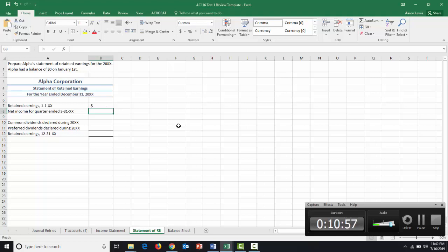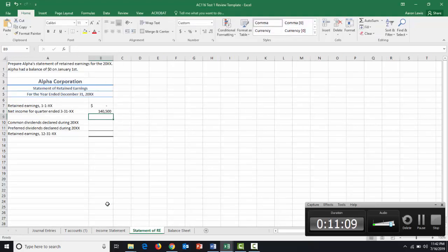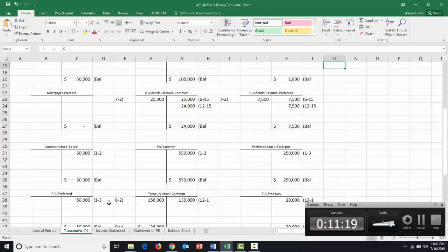The next thing we need to do is add our net income for the period. Well, that's easy enough. We hit equals, and since we just figured it out on the income statement, we click the amount of net income we had, $140,500. Next up, we have our common dividends declared during 20XX. Well, the best way to find this is to go to our T accounts, and here we have our dividends payable common.